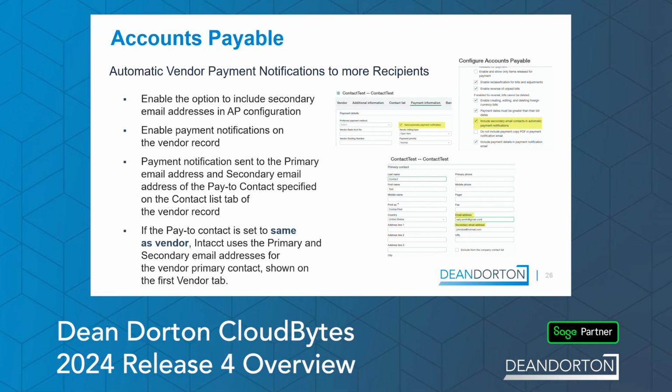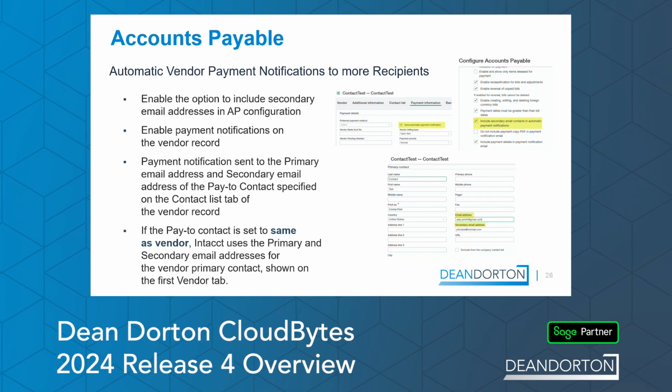There are some checkboxes, and like I said, there are things that you need to do to enable these features in the system. This is one of those. So enable the option to include secondary email addresses in the AP configuration. So that's that checkbox right there. Enable payment notifications on the vendor record. I believe that to be that one right there.